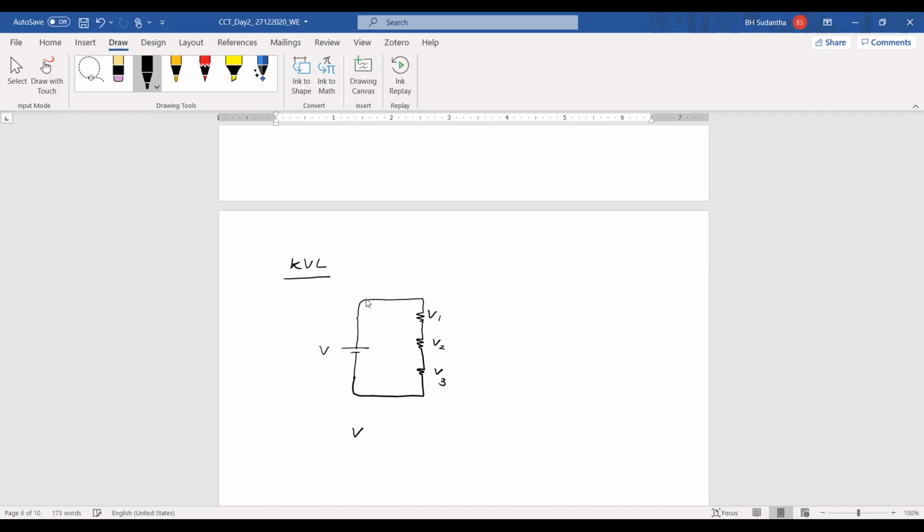Simply, V equals V1 plus V2 plus V3. These are algebraic sums.